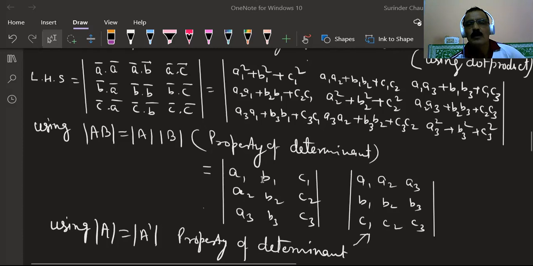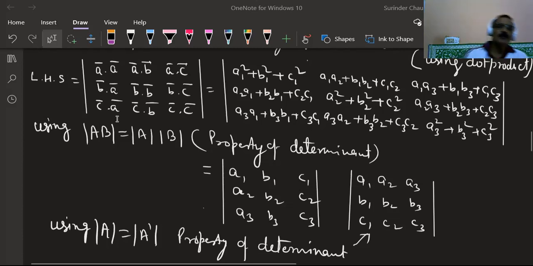R1 is A1, B1, C1, and C2 will be A2, B2, C2, and similarly A1, 3 we will get in the same fashion. By doing this for all the 9 elements, we have converted the determinant of this matrix into the product of two matrices.